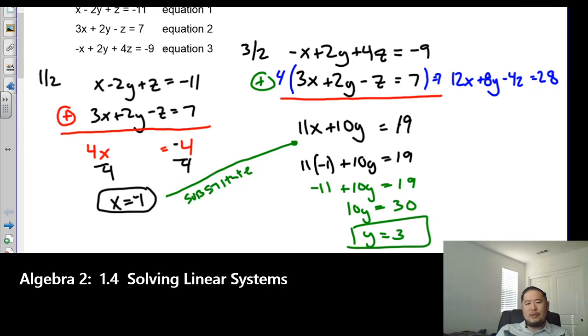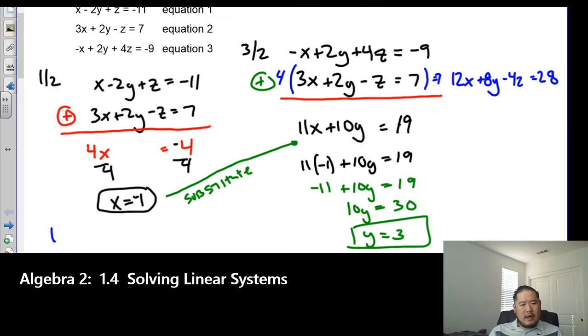It doesn't matter which one you use, 1, 2, or 3, whichever one you think would be the easiest and get us the result the quickest. The worst one is probably number 3. 1 and 2 are probably the easiest, since they both have positive x and positive z. So let's substitute things into equation number 1.